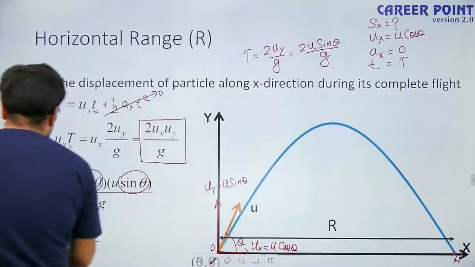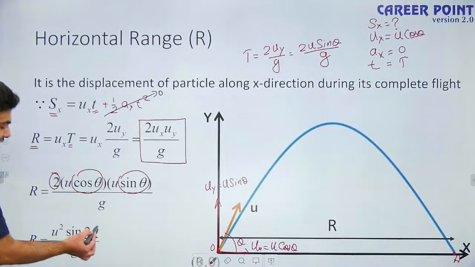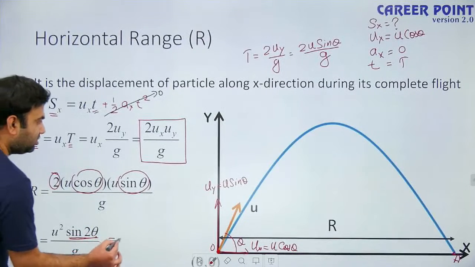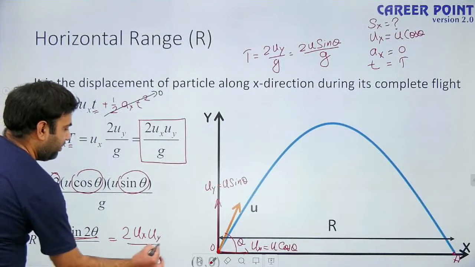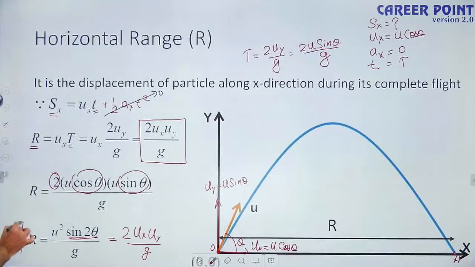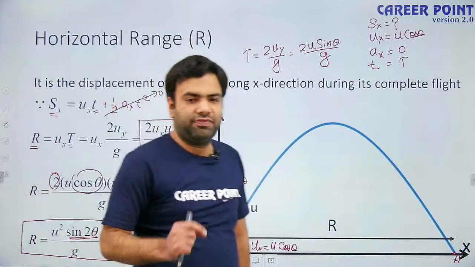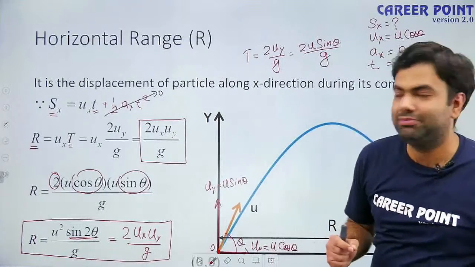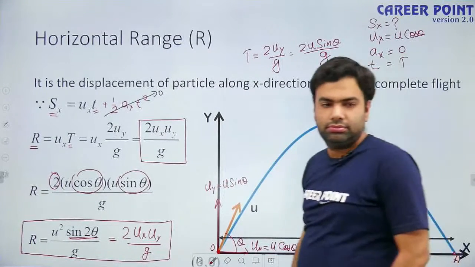So this is the formula of range. Either you can use this relation, u square sine 2 theta by g, or you can use this relation, 2 into ux uy divided by g. So this is the formula of range.